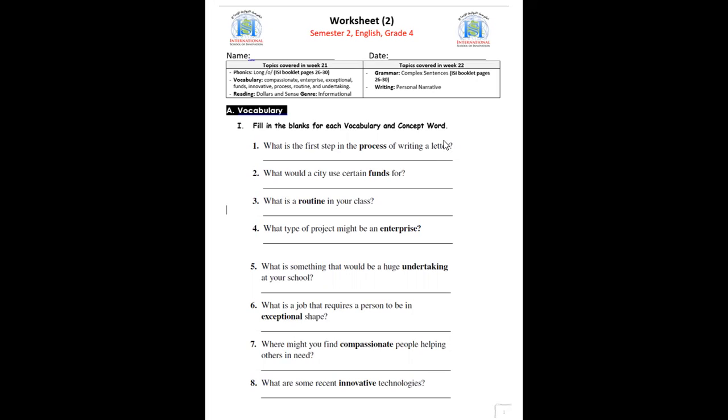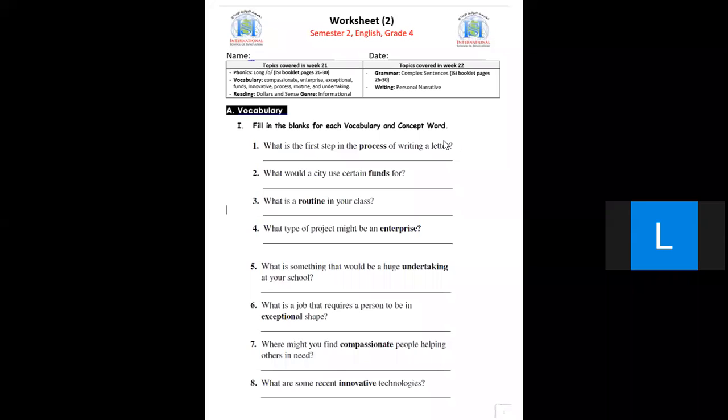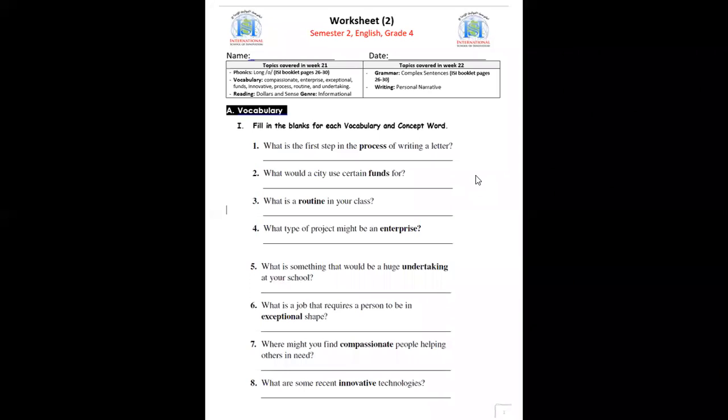If you want to write a letter, what's the first step? What's the first thing that you do? I have to make sure the first letter is a capital letter. Maybe you have to start with a capital letter, but the first step in writing the letter, what is it? I have to keep space before I write the name.